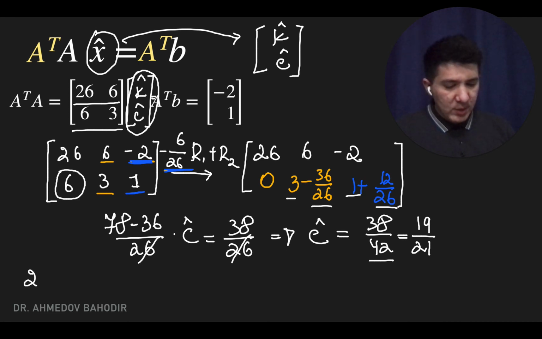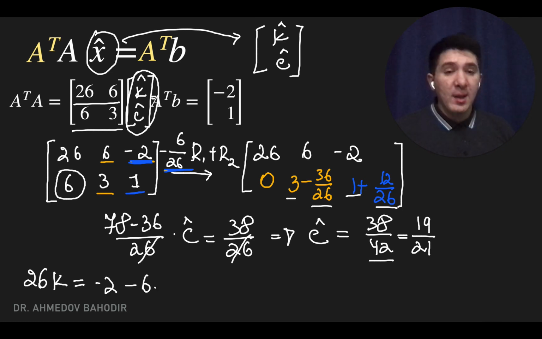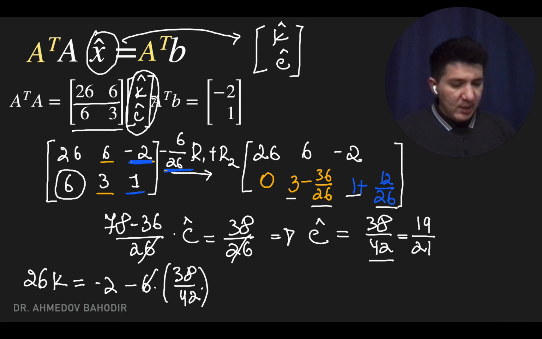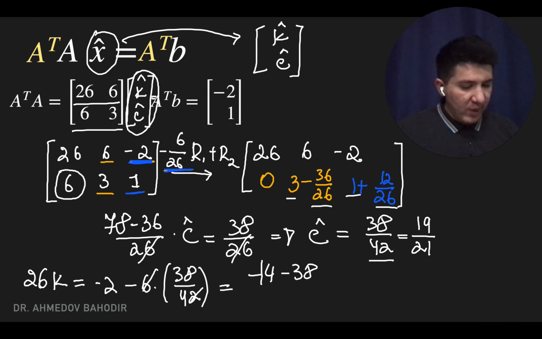So it's going to be 26 times k is equal to minus 2 minus 6 times c hat, which is 38 over 42. So this 6 and this 42 are going to be canceled out. It's going to be 7, right? So this is going to be minus 2 times 7, minus 14, minus 38 divided by 42.